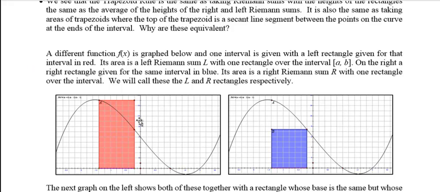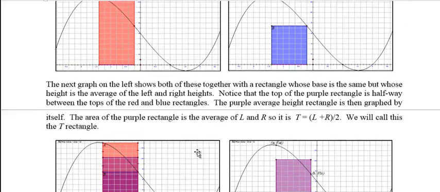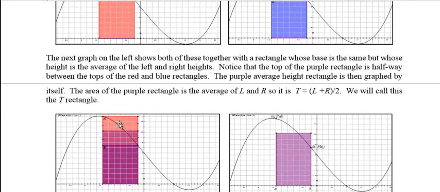If we average these two, we get a rectangle whose base is the same, but whose height is halfway in between. So if I put these together here, down here we put the blue rectangle at the bottom, so here's the height right here, and the height all the way up to the top is the top of the red rectangle.